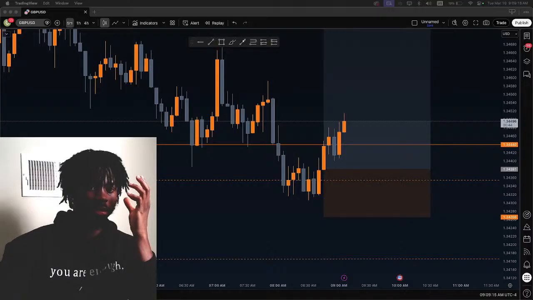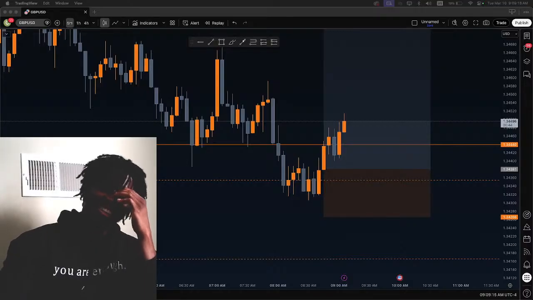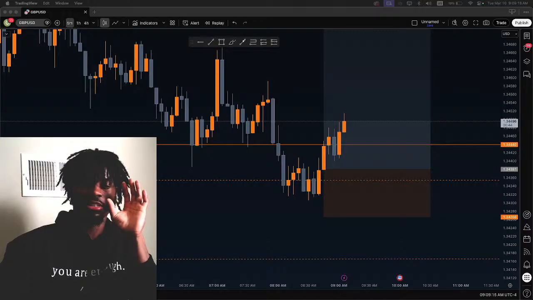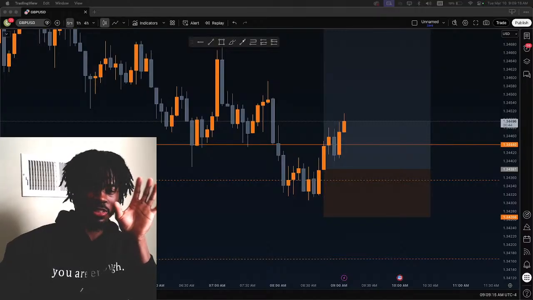No way. You can't see the screen. Interesting. Was you not able to see my screen this entire time, or did it just do that? I can't even see my screen. One second.